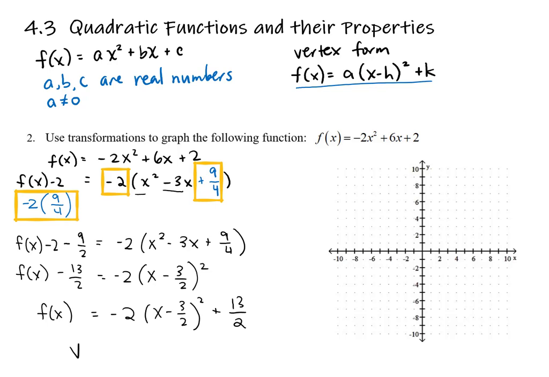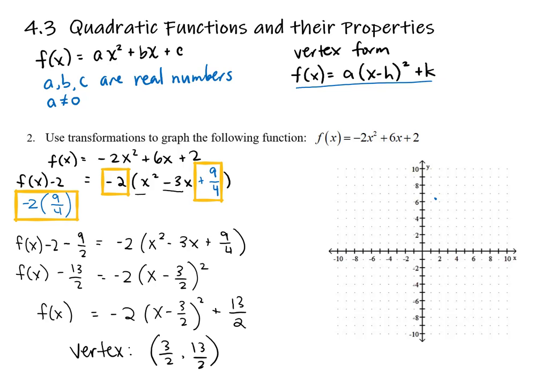Our vertex, based off of this, is positive 3/2, positive 13/2. I'm going to go over to our graph and put that on our graph. Positive 3/2 is 1.5. It's sort of hard to get there, but you can see 1.5. And 13 over 2 is 6.5. So you can have your vertex right there.